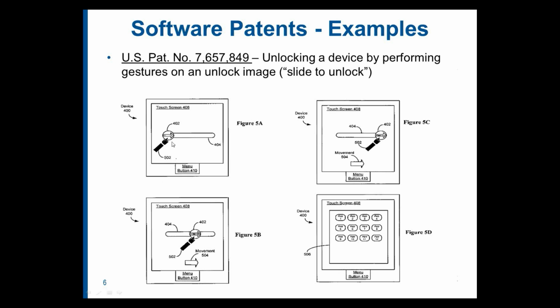And as you can see, starting at figure 5A, there is software behind this functionality of the iPhone device that allows a user to swipe with their finger, moving down to 5B, to unlock this touch screen, and then you can type in your code to access your iPhone. Again, there's software underneath this functionality that allows this device to function as shown in these figures.